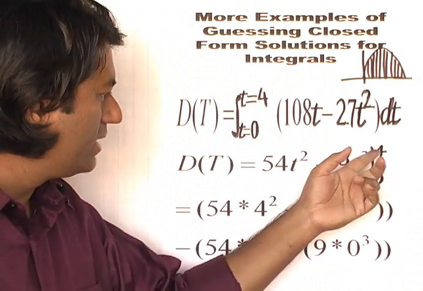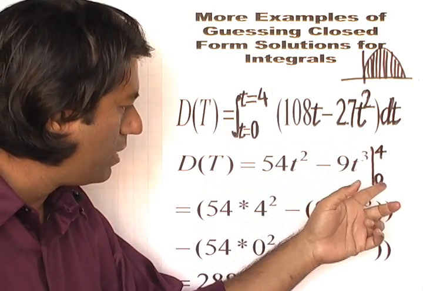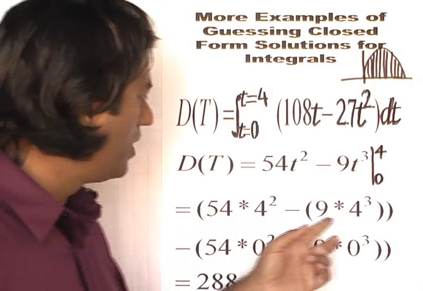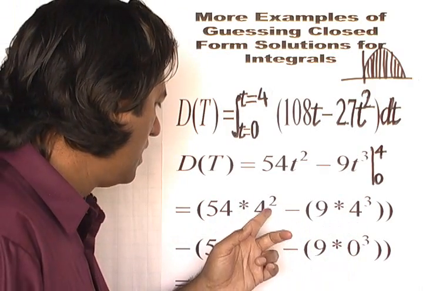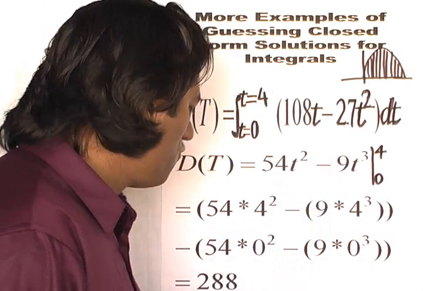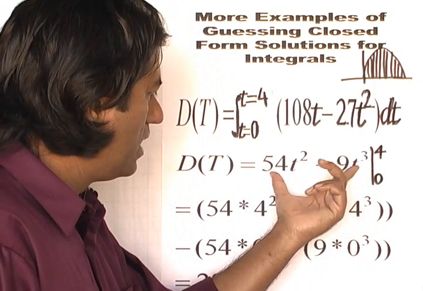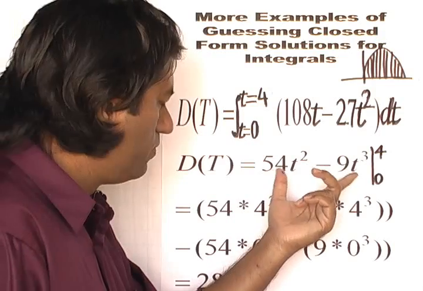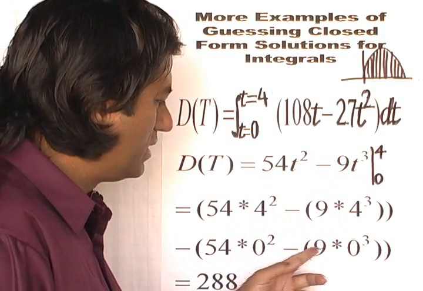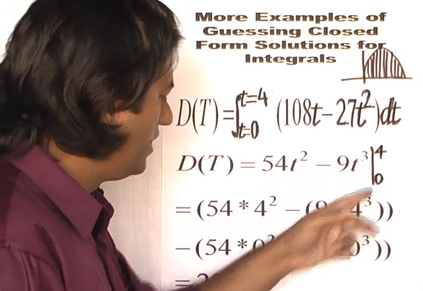Then you stick the value of 4 into this, and subtract the value at 0. So with t equal to 4, you get 54 into 16 minus 9 into 64, minus 54 into 0 squared minus 9 into 0 cubed. This is 0 at t equal to 0.